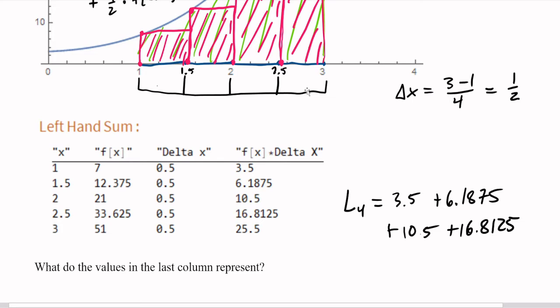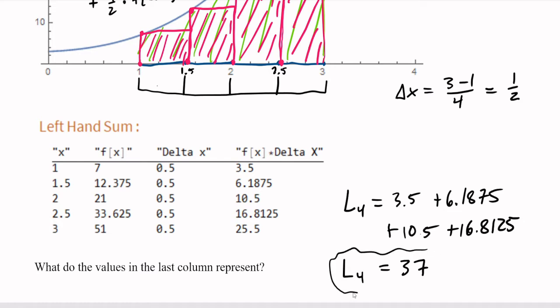Okay? So then we can go to a calculator to try to see what this is, and the numbers aren't too bad, so we can do this. 3.5 plus 6.1875 plus 10.5 plus 16.8125 gives me 37. So my approximate area using left endpoints and 4 rectangles is 37.